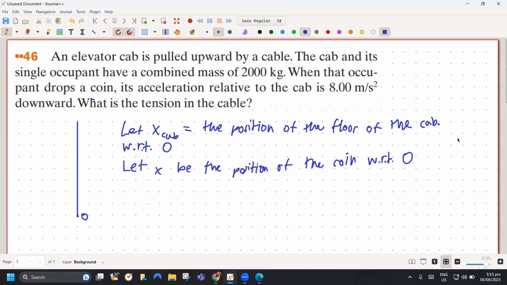So, ngayon, ang binibigay sa atin, acceleration relative to the cab. So, let X prime be the position of the coin with respect to the floor of the cab.